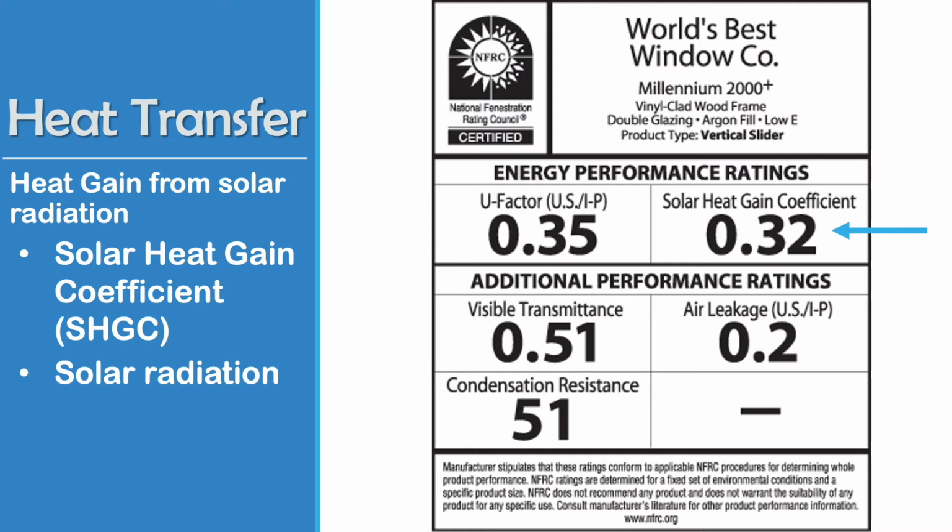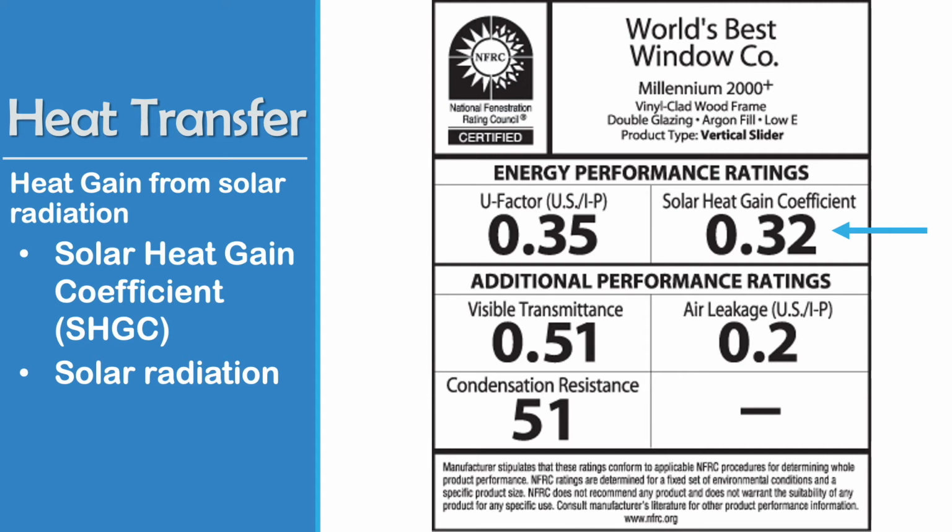The number that's listed, we've got a little blue arrow pointing towards this particular window, is a solar heat gain coefficient of 0.32. That number could be expressed as being tested at the center of the glass, or it could be for the total unit.